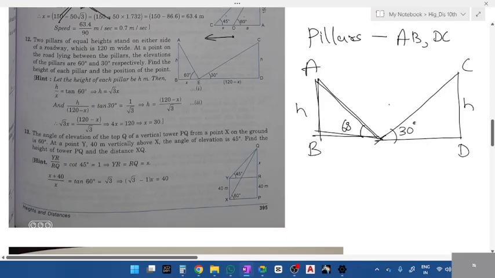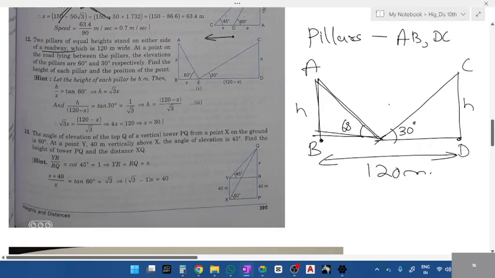Two pillars of equal height on either side of a roadway. This is 120 meters. Yes. Which is the roadway here? Without reading, you are just giving answers. So the roadway here is B and D, students. B to D. What is the entire value from B to D? 120 meters. In the diagram they haven't given it, take it down as 120.